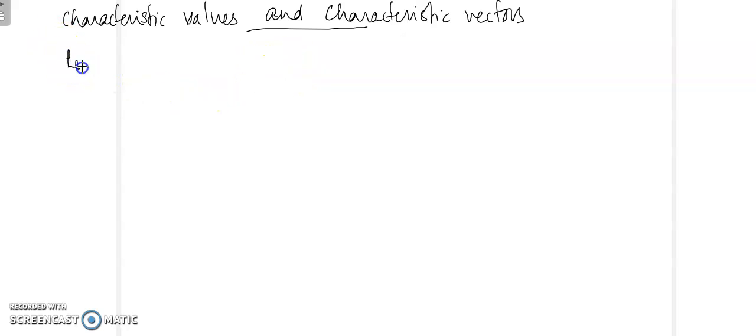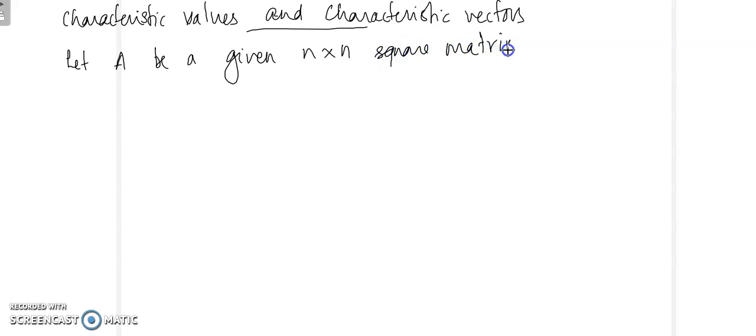So suppose you are given the matrix A. So A must be a square matrix. So let A be a given n by n square matrix of real numbers.